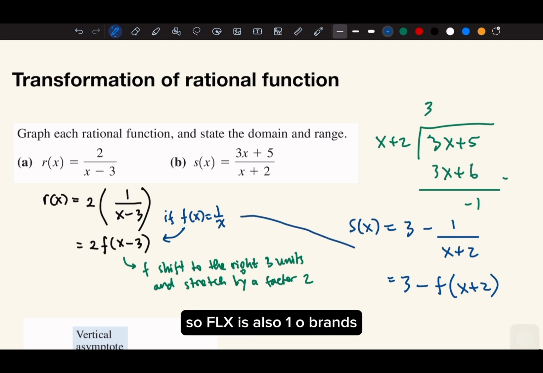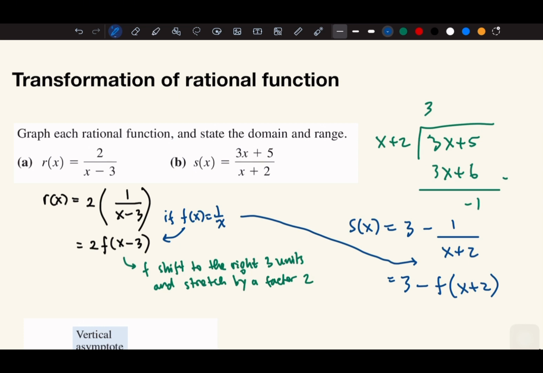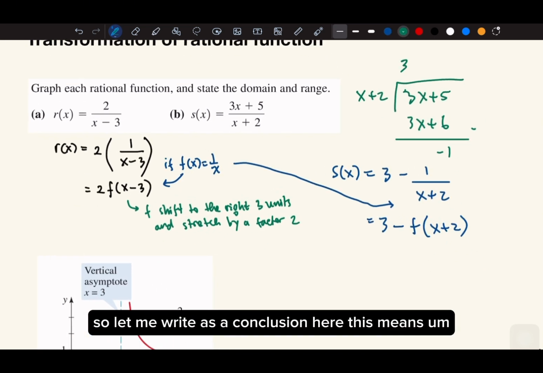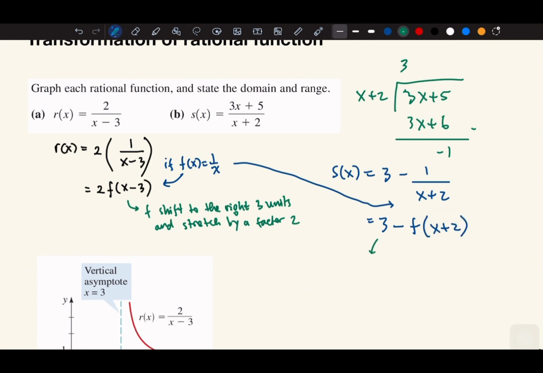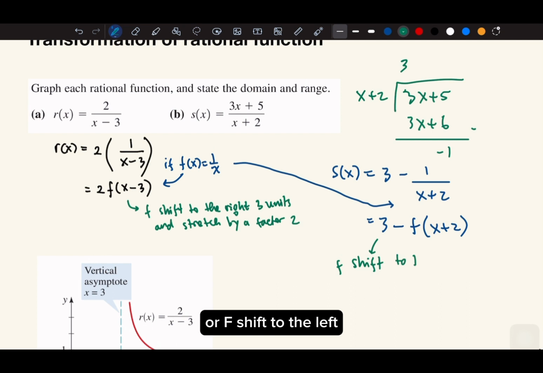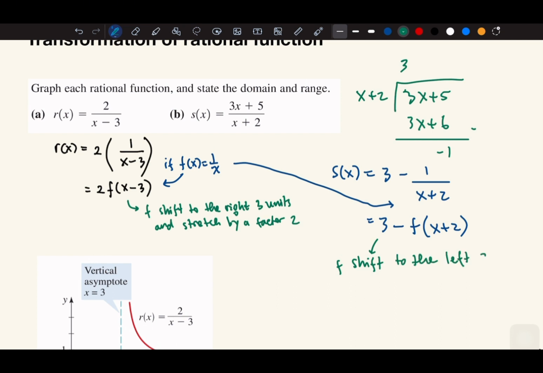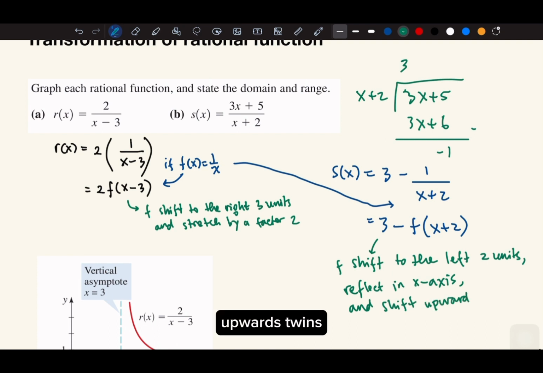So f of x is also 1 over x. Let me write a conclusion here. This means f shifts to the left 2 units, reflects in the x-axis, and shifts upwards 3 units.